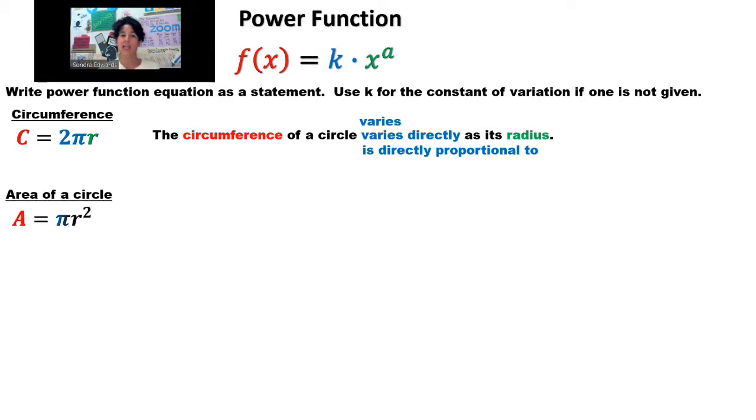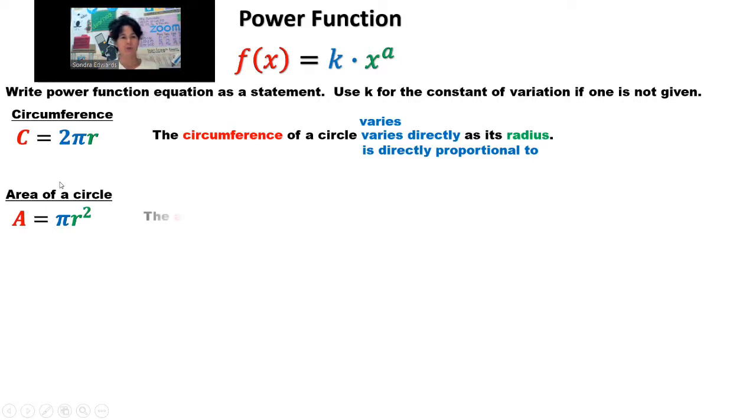Here we have A equals pi times r squared. But if we want to write the statement as a power function, that pi is like pi times. That's like k times. So rather than saying k times, rather than saying pi times, we're going to replace those words with varies directly, or is directly proportional to.